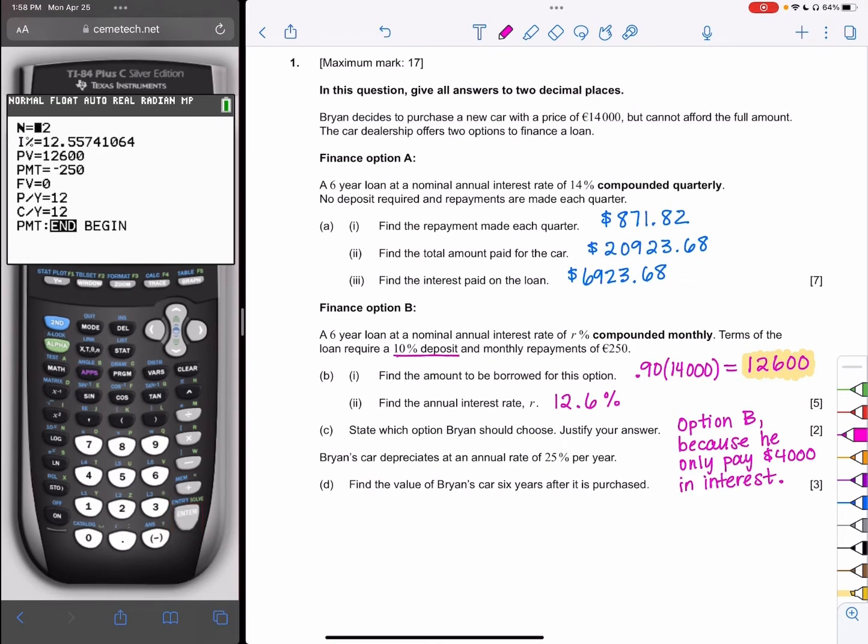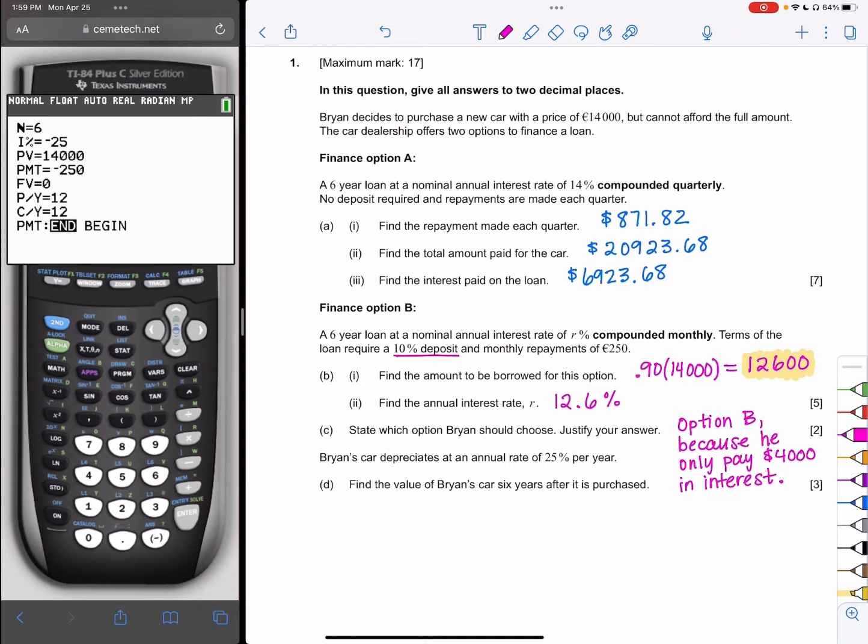If the value of his car depreciates by 25% each year, that means over 6 years it's going to decrease in value 6 times. So my N is equal to 6 here. My interest rate is going to be a negative 25%. My present value of the car is going to be 14,000.